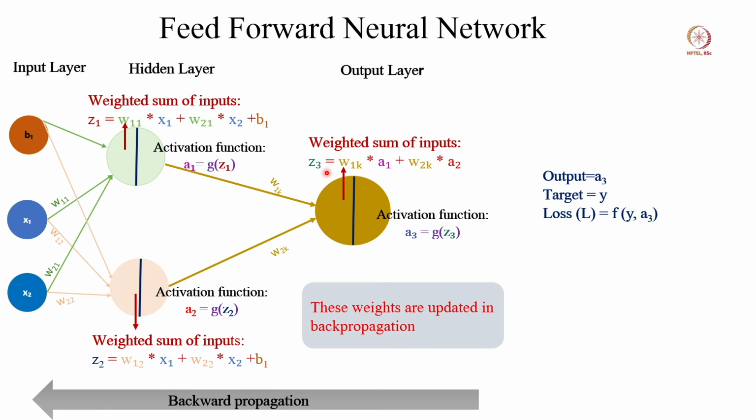Also, in the Z3 calculation, we have taken A1, A2 also, multiplied them with the weights, and if we go backward, we see this A1 is once again dependent on Z1, which is nothing but the weighted sum of the inputs in the first neuron of the hidden layer. And this Z1 also depends on the weights, W11, W12, W21.